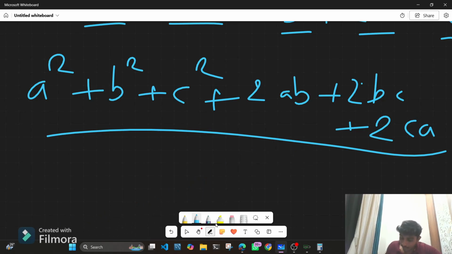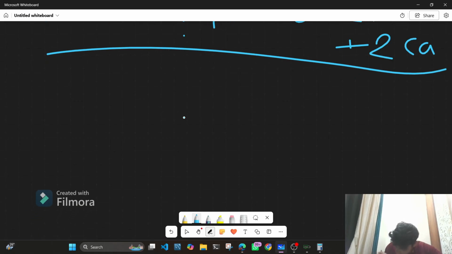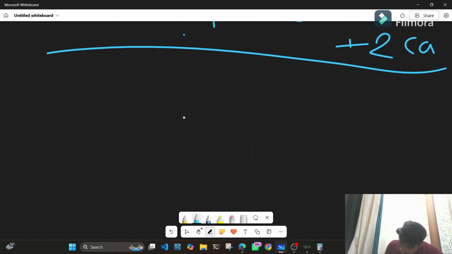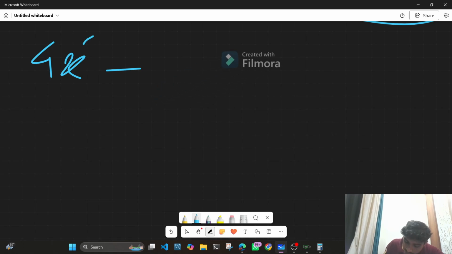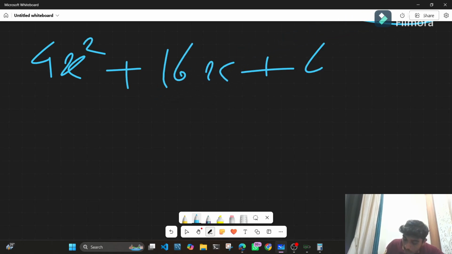Oh, right. I missed one part. So also, to find the factors, we can write, if we are given some expression, let's say 4x square plus 16x plus 4.